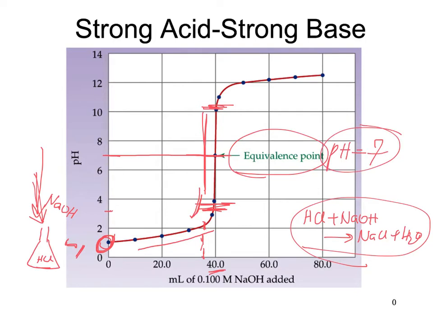And we know that because the products in this case are NaCl and water, and NaCl is a neutral salt. So in the case of strong acid, strong base, realize that it's a neutral salt. That is the reason that the pH is going to be 7 at the equivalence point.